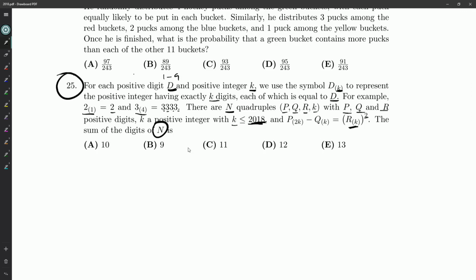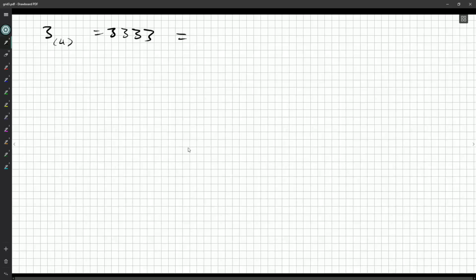Alright. So the first thing I would probably notice is the numbers that they're talking about, like 3, 4 is 3, 3, 3, 3. That's really 3 times however many ones you need. So dk is d times some number of ones, specifically k ones.